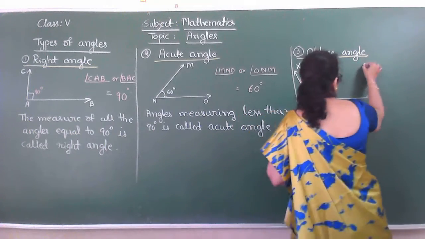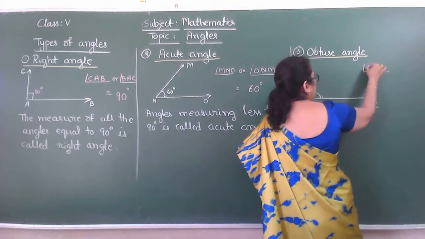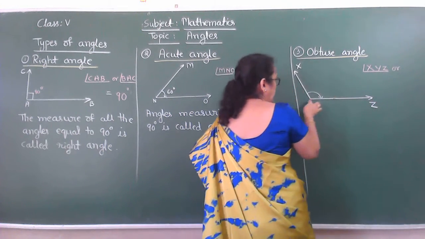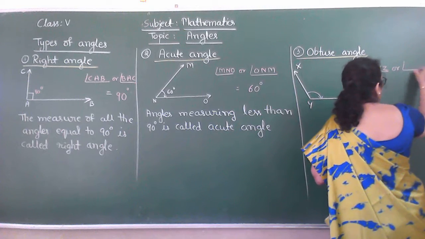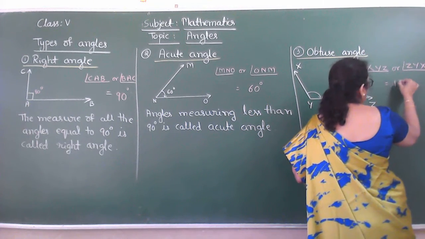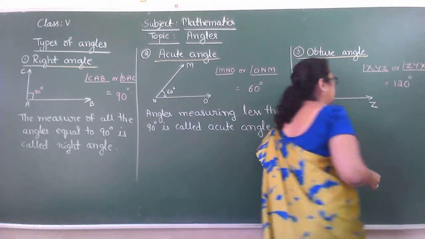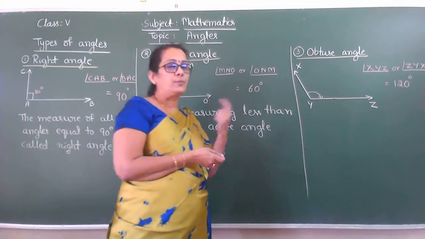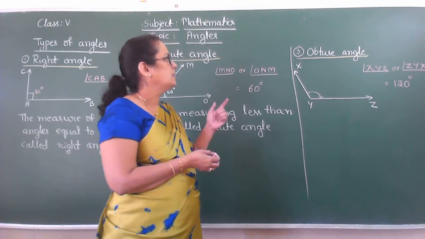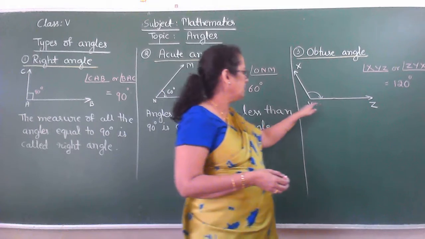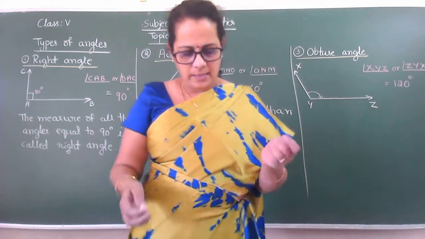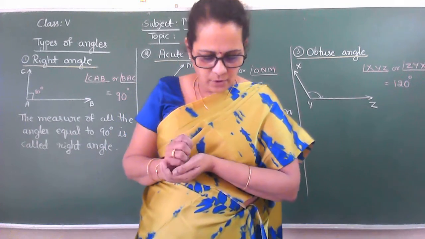Now, how do you write this? Angle XYZ or ZYX equals, let us say, 120 degree. It should be greater than 90 degree and less than 180 degree, which means it is an obtuse angle. Here in the given figure, it is 120 degree. That is why we call this angle an obtuse angle.